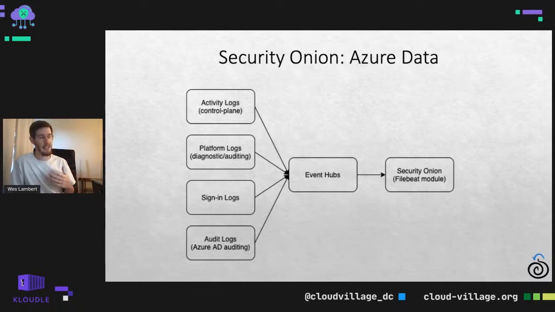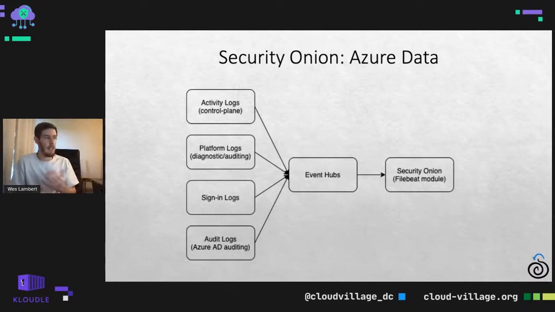Now, those activity logs in Azure track the actions by management personnel along the control plane, and we can bring that in, right? That's another layer to our context. There are also diagnostic or auditing logs for the platform. I've used Security Onion many times in the past for not just threat hunting or intrusion detection, but actually helping to resolve issues in the network or with applications.